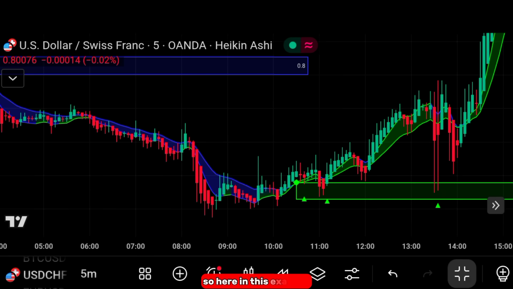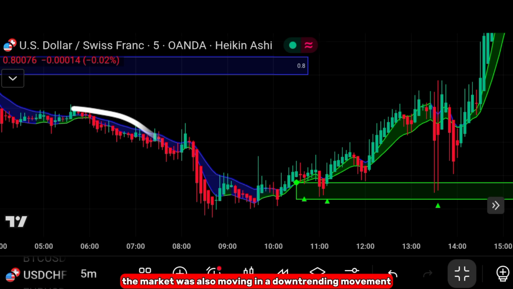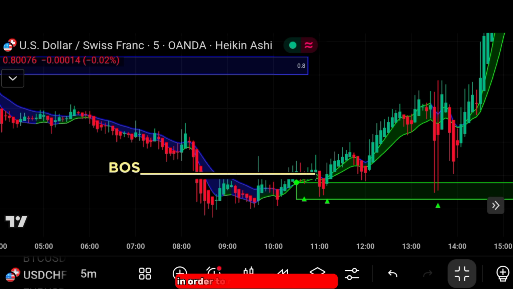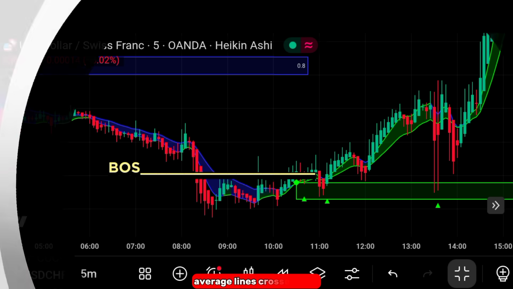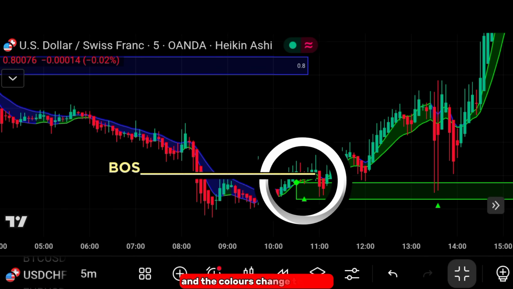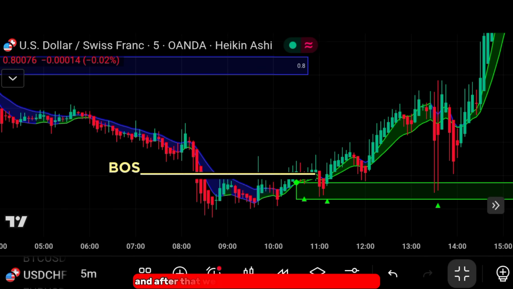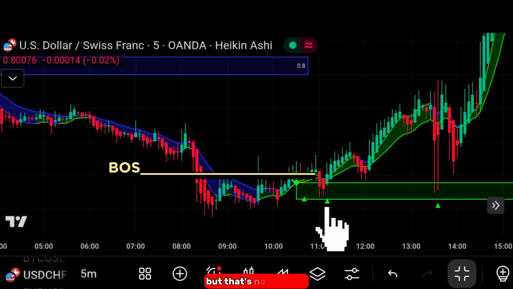So here, in this example, the market was also moving in a downtrending movement, and then the market broke the structure in order to reverse it to the upside, and after that, you can see that the indicator's moving average lines crossed over, and the colors changed to green, indicating a change of trend, and after that, we got a buy signal from the indicator, but that's not enough.